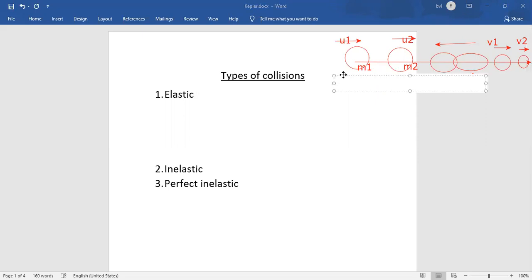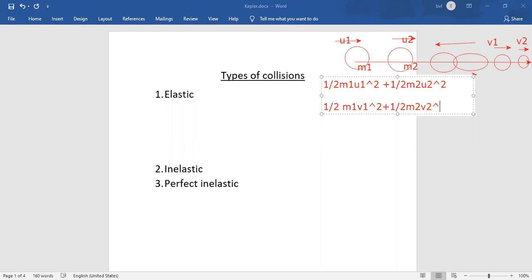The kinetic energy of the total system before the collision is half m1 u1 square plus half m2 u2 square. After the collision, the first mass moves with velocity v1 and the second with velocity v2, so their kinetic energy is half m1 v1 square plus half m2 v2 square.